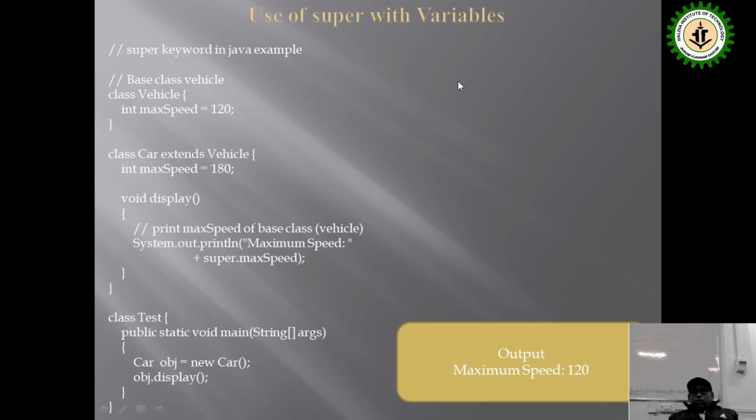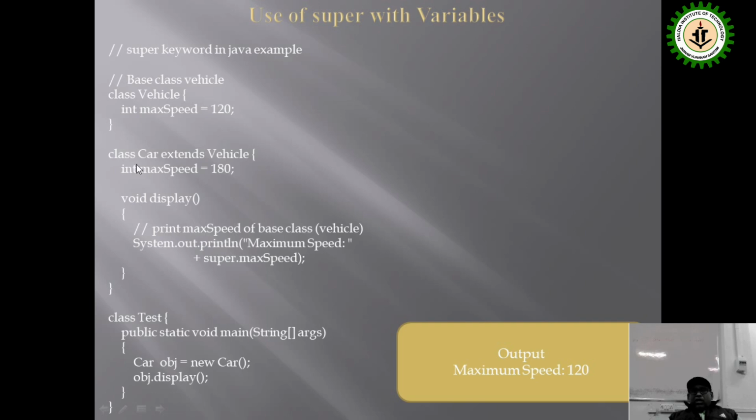Use of super with variables. This is the base class or parent class variable, an instance variable. Here Vehicle is the parent class, with an integer maxSpeed equal to 120, which is an instance variable.